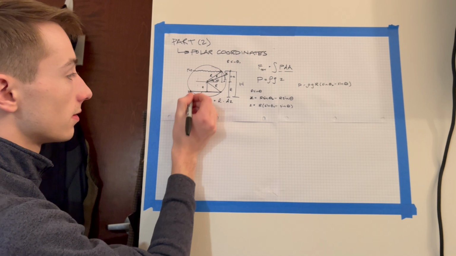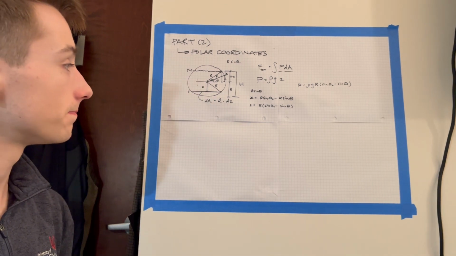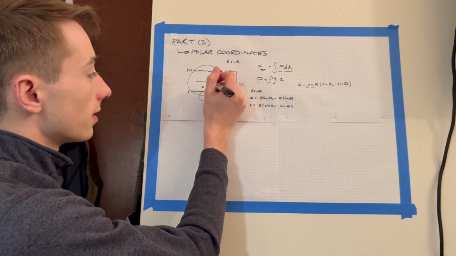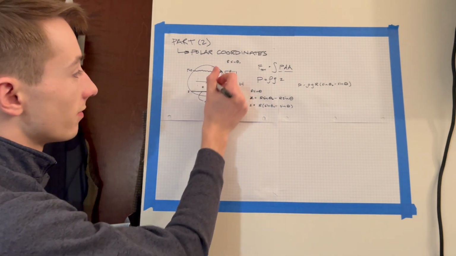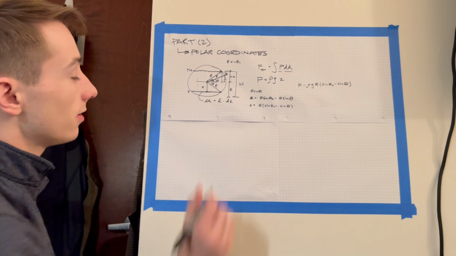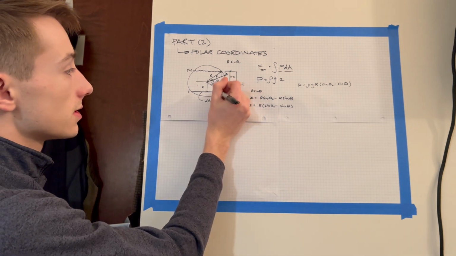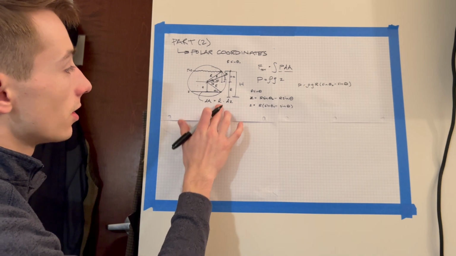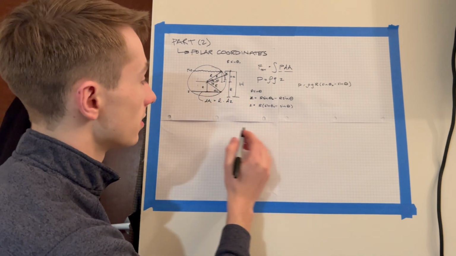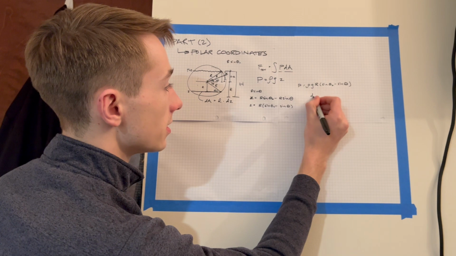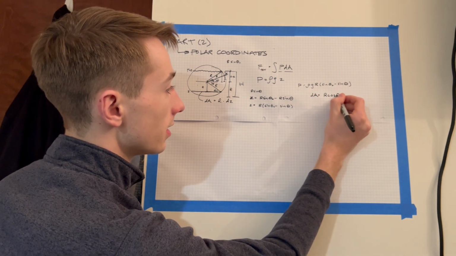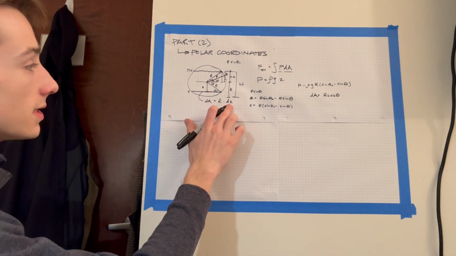That's this right here, okay, z. Great, so what is the length? Well, we can again use some angles here. If this is our angle theta now, and so is this, and the length is r cosine theta. So we get right over here, dA equals r cosine theta times dz.